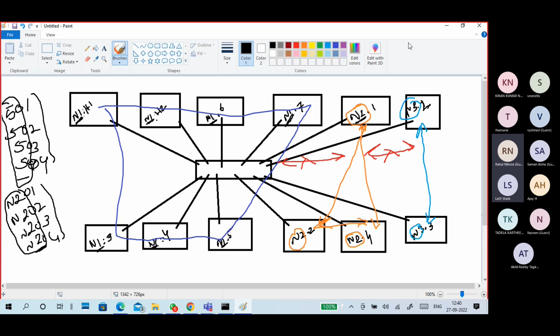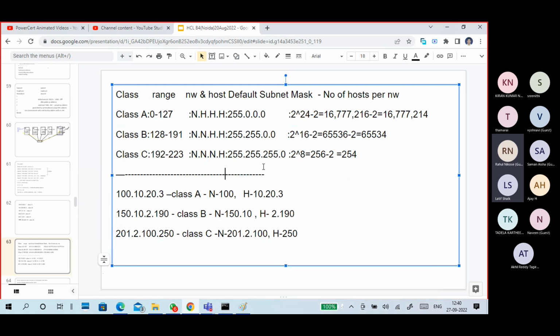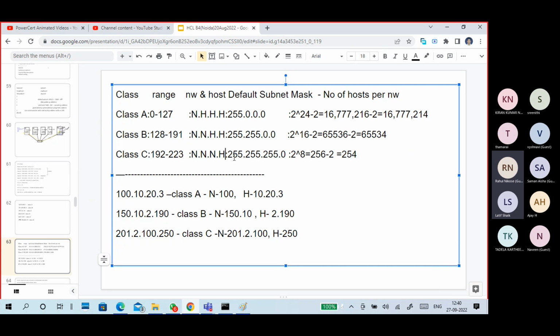That is one advantage of dividing into classes. Different classes have different network and host portions. One logical network cannot communicate with another logical network.